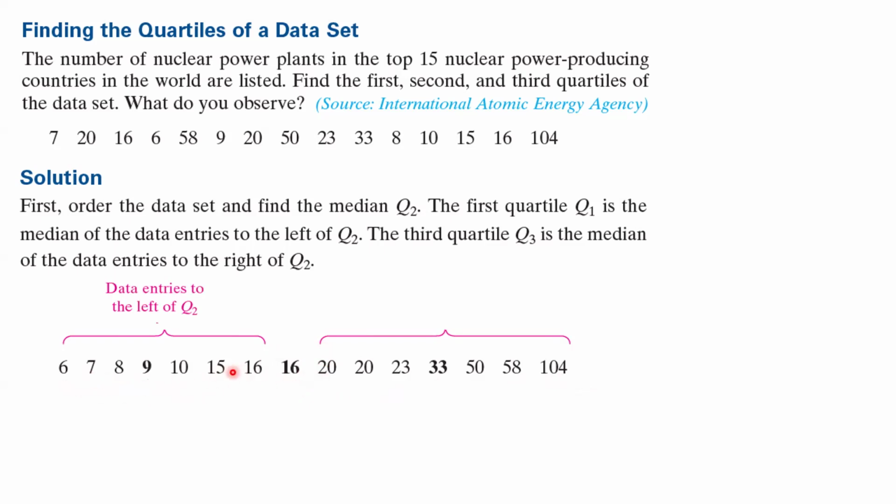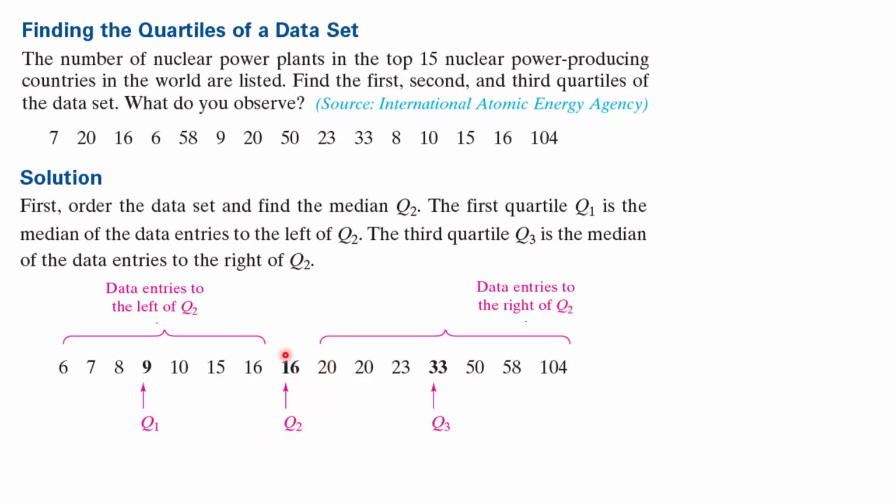Then we have the data entries to the left of Q2 and the data entries to the right of Q2. So again, we found the median first, then we find the median of the first portion on the left-hand side, then we find the median of the data that are on the right-hand side of Q2. These are the first quartile, second quartile, and third quartile.